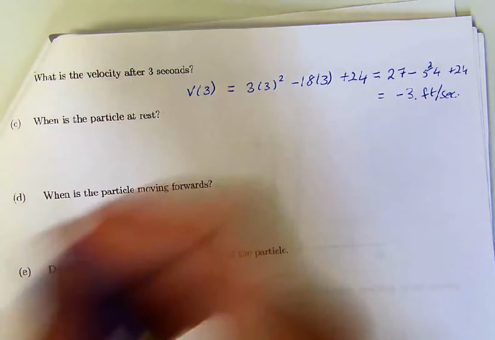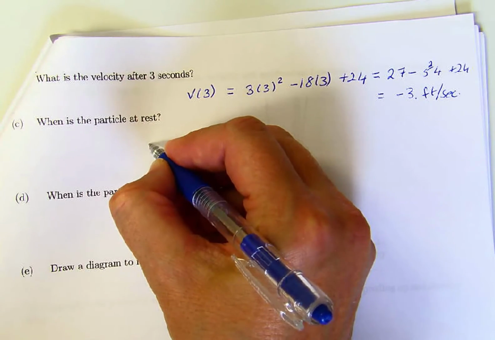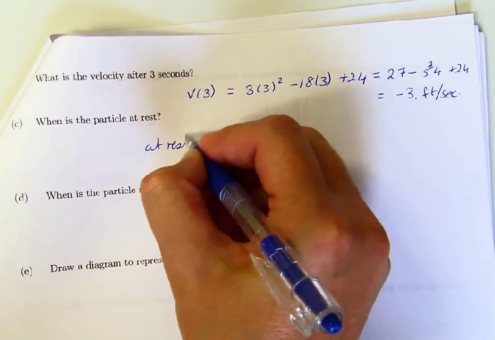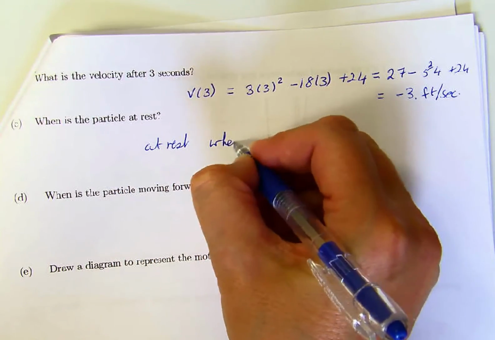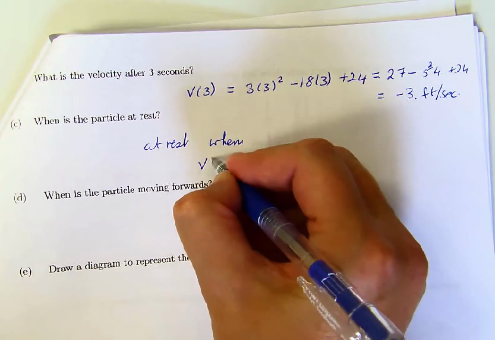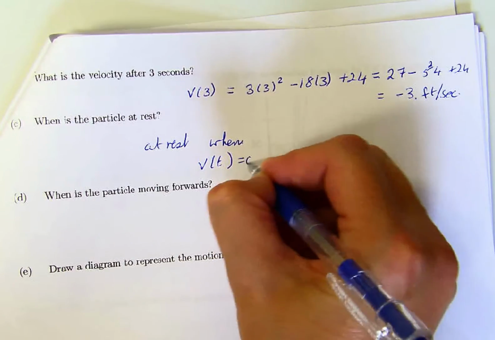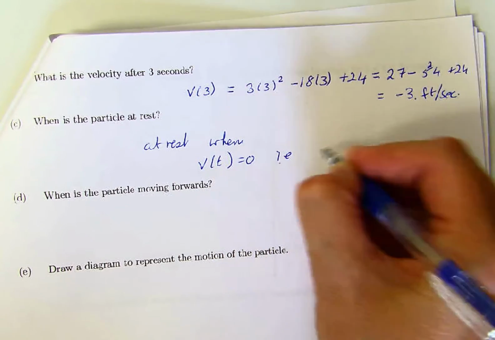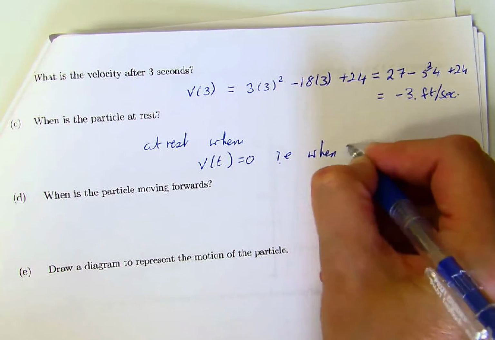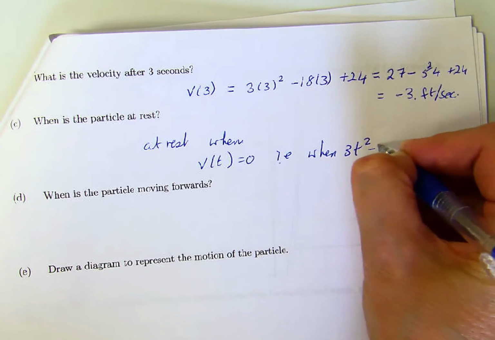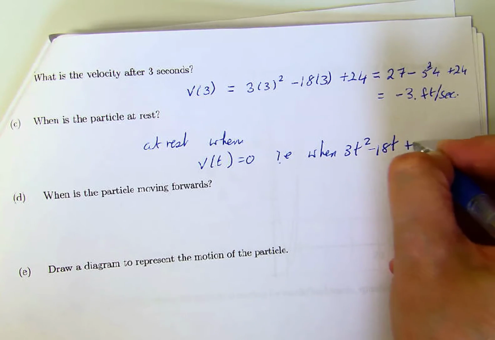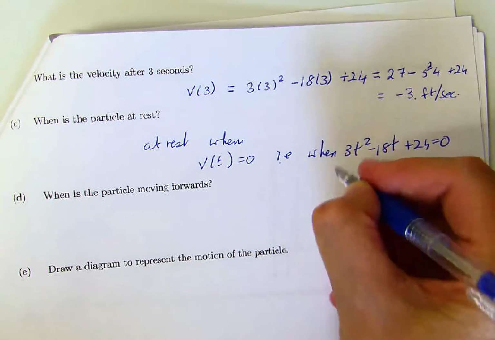When is the particle at rest? Well, it's at rest when v of t equals 0. That is when 3t squared minus 18t plus 24 equals 0.